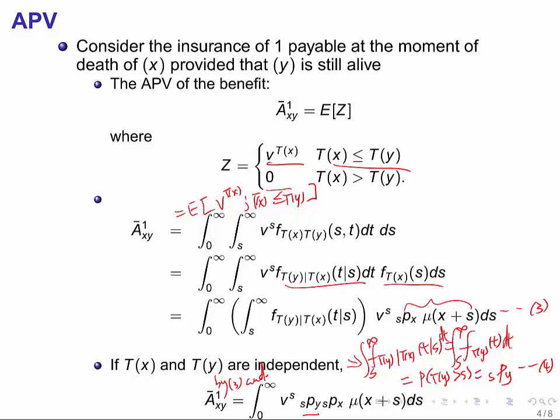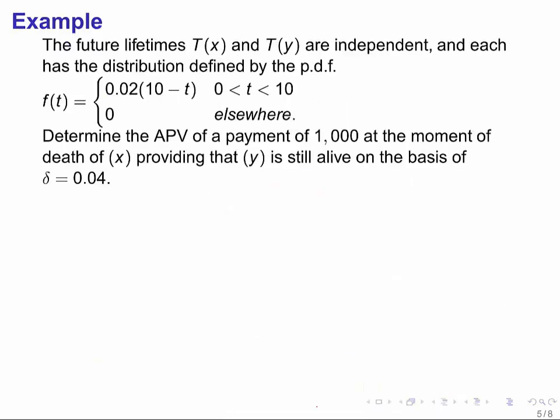Now let's look at one example. Consider two lives, T_X and T_Y. Assume that these two lives are independent and identically distributed with the following probability density function. Now we want to determine the EPV of a benefit of 1000 at the moment of death of X, provided that Y is still alive.